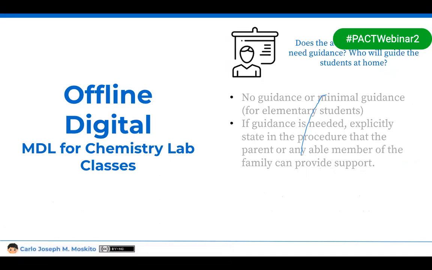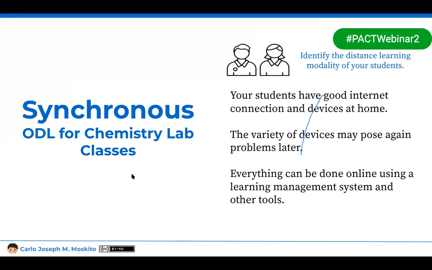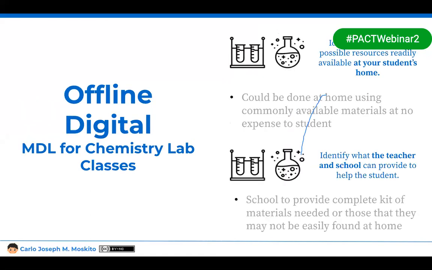As much as possible there's no guidance or minimal guidance, and if there's guidance there must be support from the parent or any able member of the family. So that's printed modular and offline modular. The only difference is the format, because the one is in paper, the one can be digital.